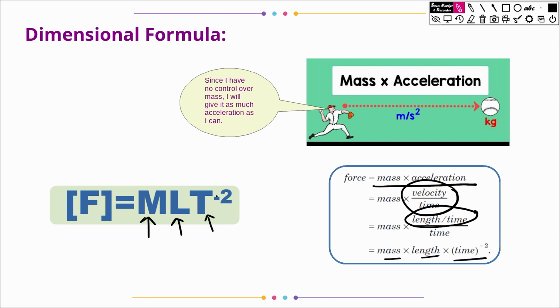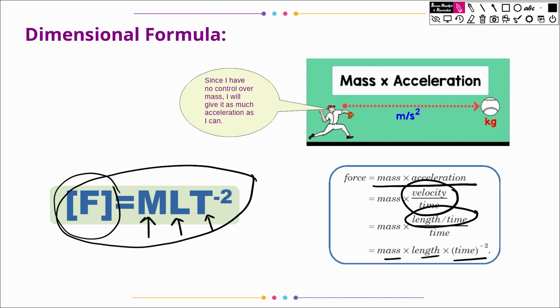Thus, the physical quantity that is expressed in terms of base quantity is enclosed in square brackets to remind that the equation is among the dimensions and not among the magnitudes. So to summarize, this is the dimensional formula, and force has dimensions of 1 in mass, 1 in length, and minus 2 in time.